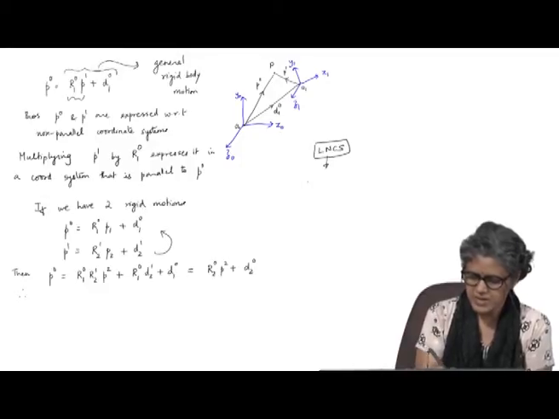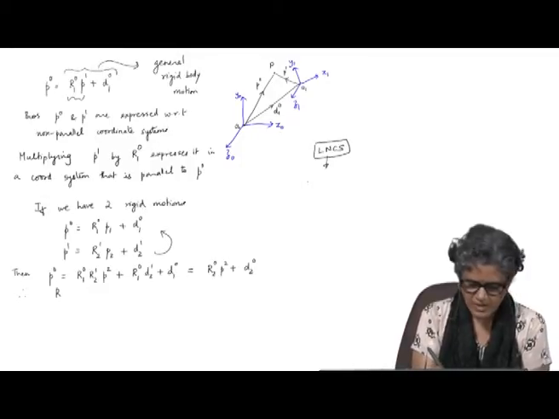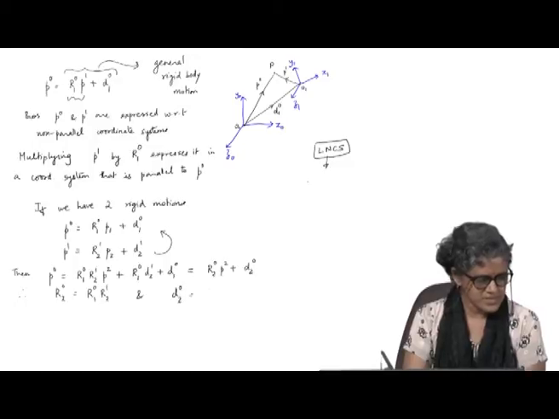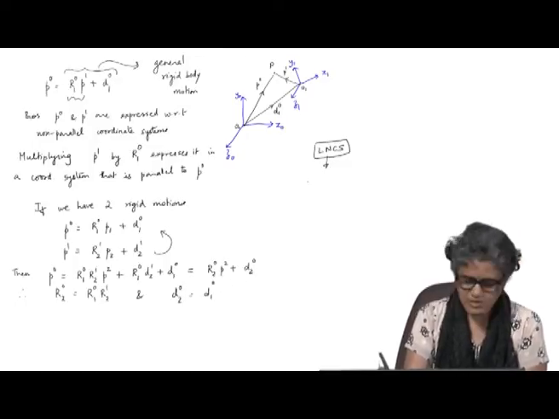Therefore, if I compare the two, I get R20 equal to R10 R21, which we saw earlier when we composed the rotations, and D20 is D10 plus R10 D21.